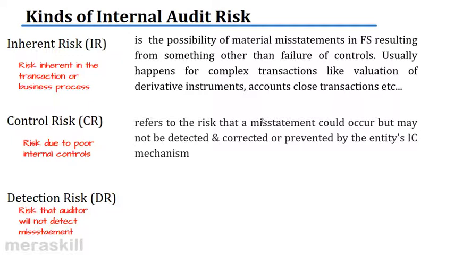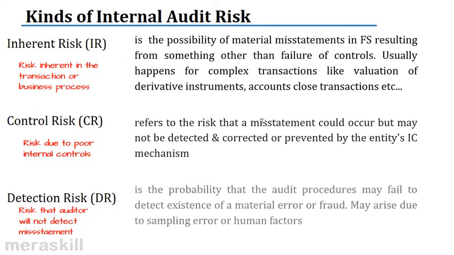You have to strengthen the internal controls. Of course, I repeat again and again, however strong it is, fraud may still occur. That is a different thing. But when, because of weak controls, there could be a certain misstatement that we don't detect, that is called the control risk. Detection risk is, of course, about audit procedures.